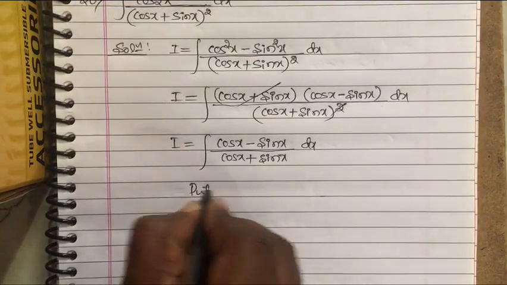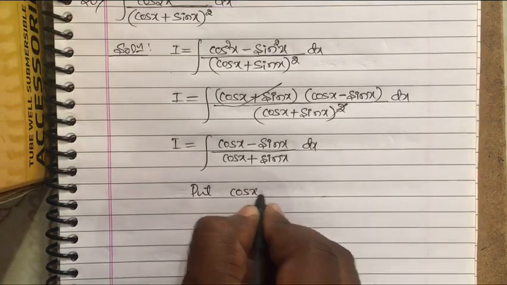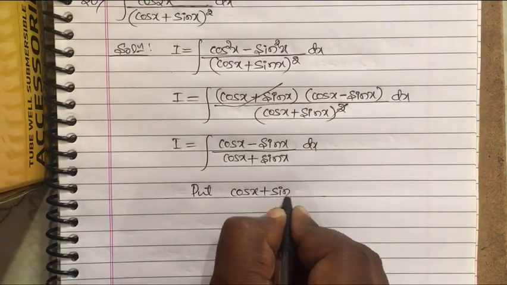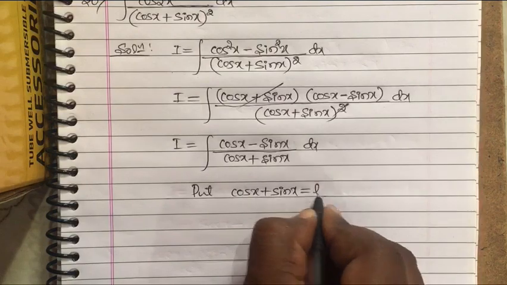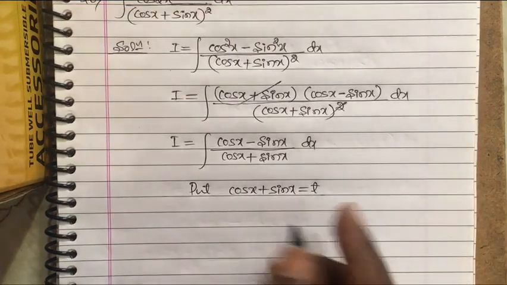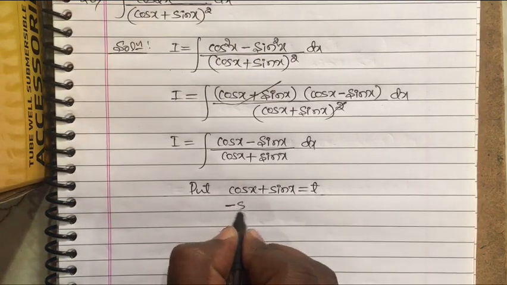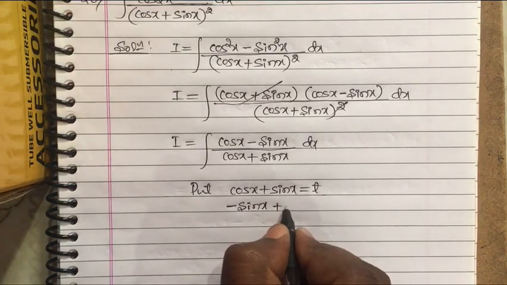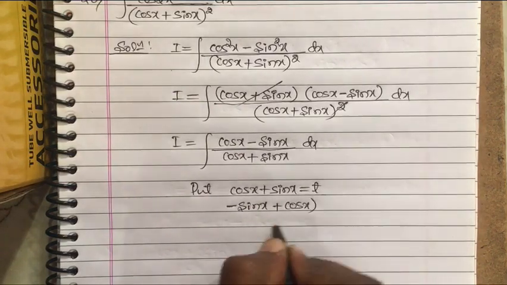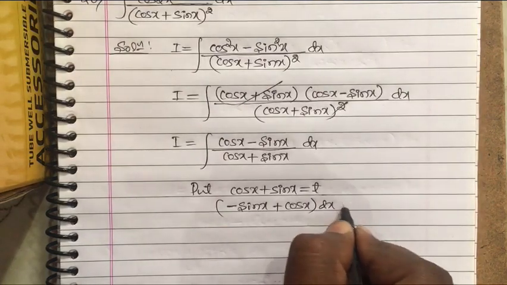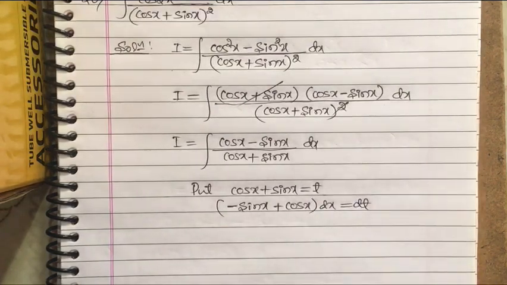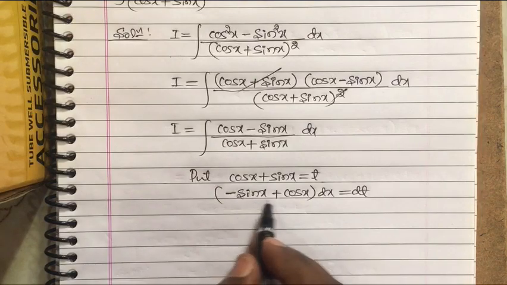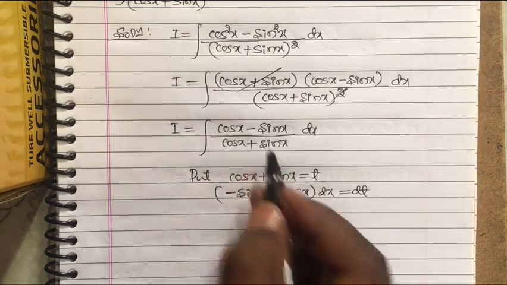Put cos x plus sin x equals t. Differentiate both the sides now. What is the derivative of cos x? It is minus sin x, plus the derivative of sin x, which is cos x, dx equals dt. So minus sin x plus cos x is there in the numerator.